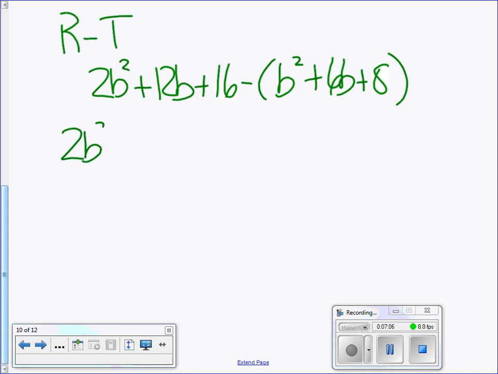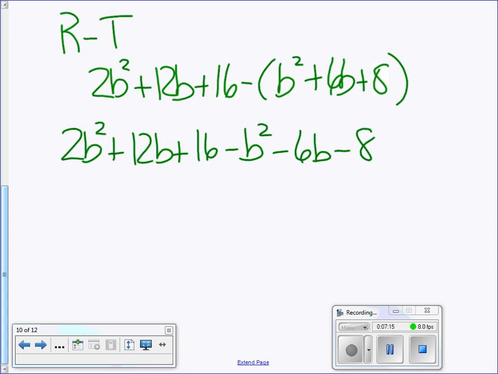So 2b squared plus 12b plus 16 minus b squared minus 6b minus 8. Combining like terms gets me b squared plus 6b plus 8.